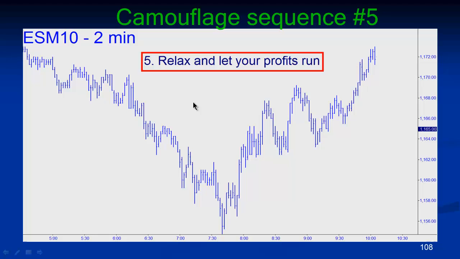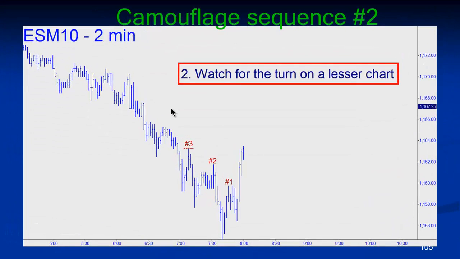I guess I shouldn't say relative to, because we expect these turns to occur right at the pivot.